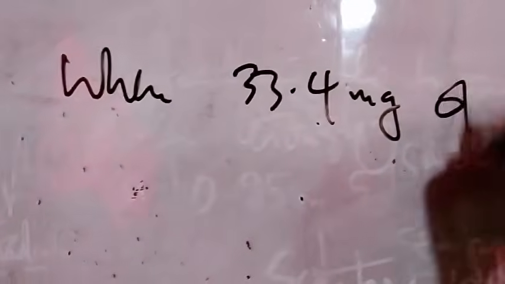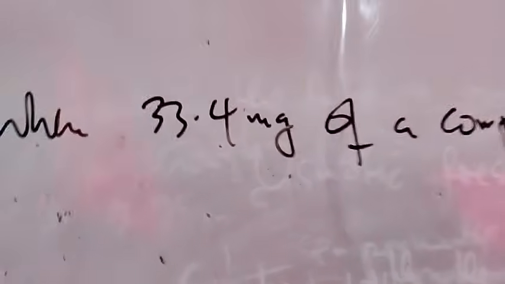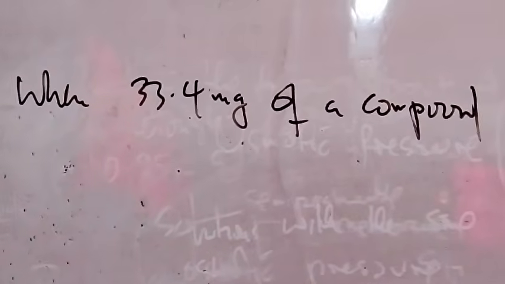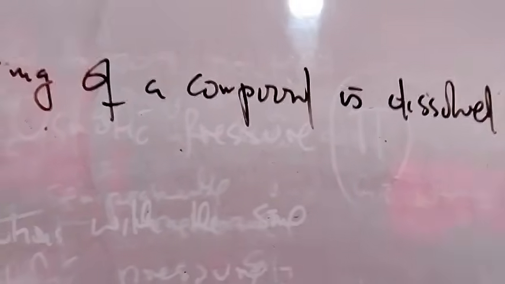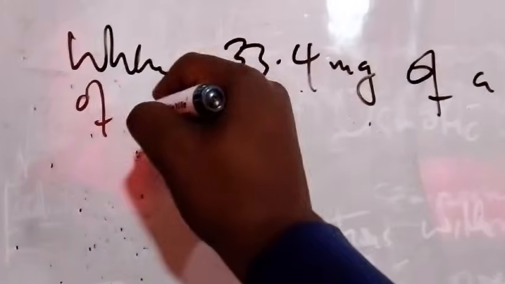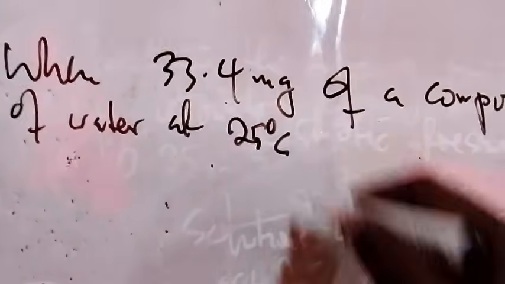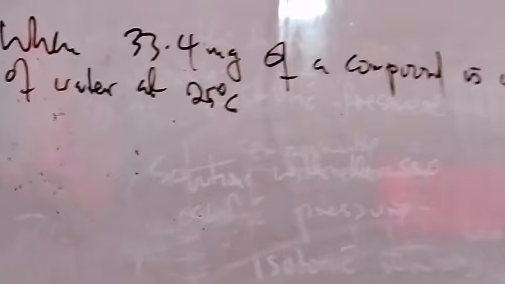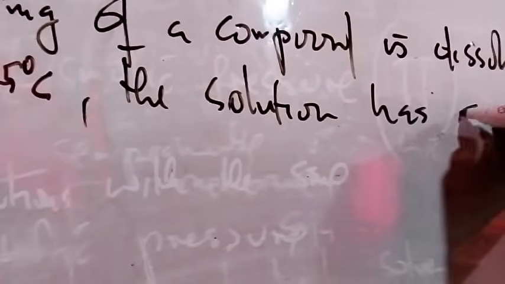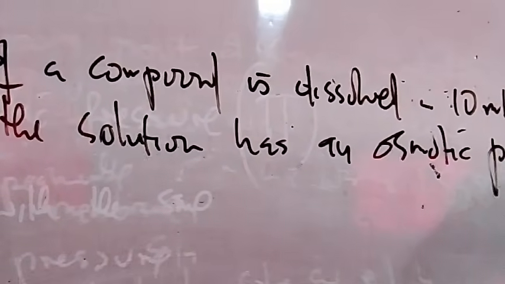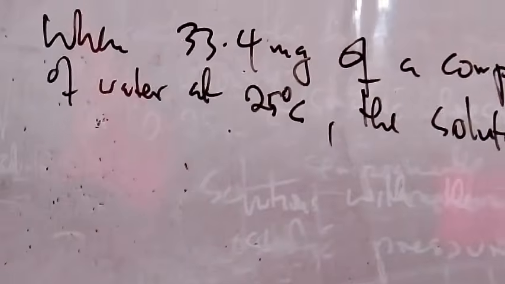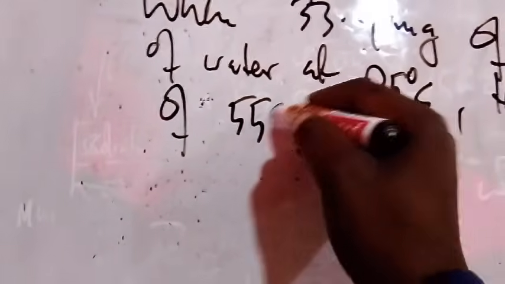When 33.4 milligrams of a compound is dissolved in 10 milliliters of water at 25 degrees Celsius, the solution has an osmotic pressure of 558 torr.